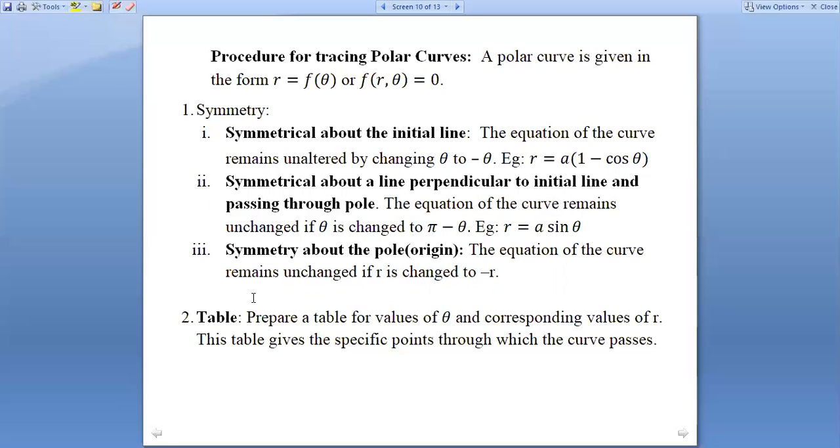Next, you have to prepare a table for values of theta and corresponding values of r. Substitute values of theta and find out what are the values for r. You will have a tabular column and you can see for which points the curve passes through.